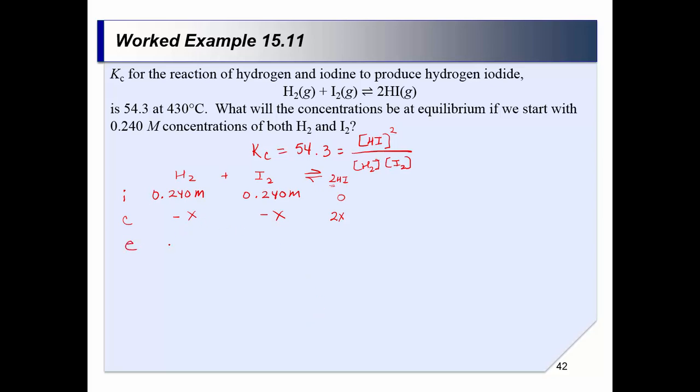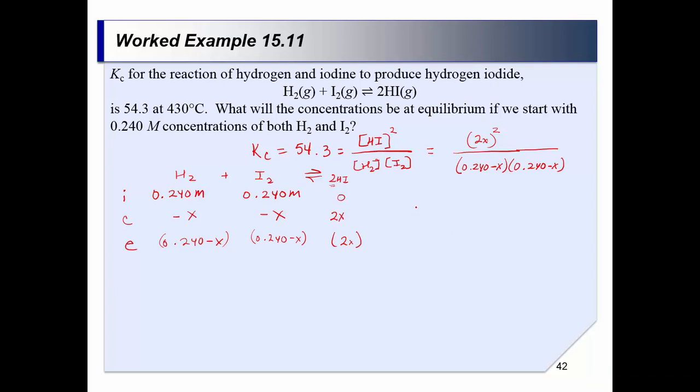Then at equilibrium, I have 0.240 minus x for each of my reactants, and then 2x for my product. So then I can plug that in. So I end up with 2x squared divided by 0.240 minus x, 0.240 minus x.